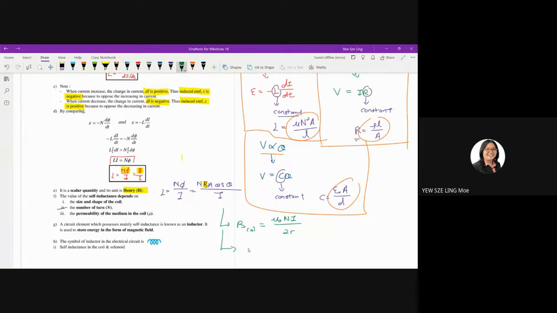For the solenoid, B solenoid equals mu naught N I over L.